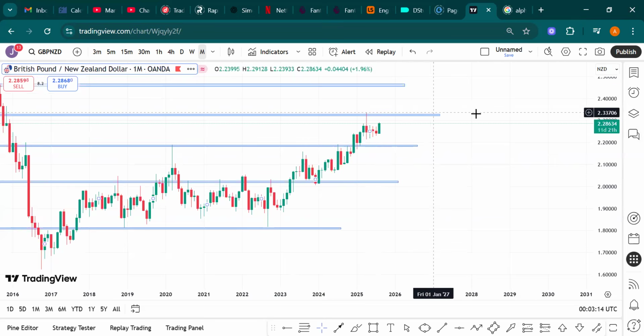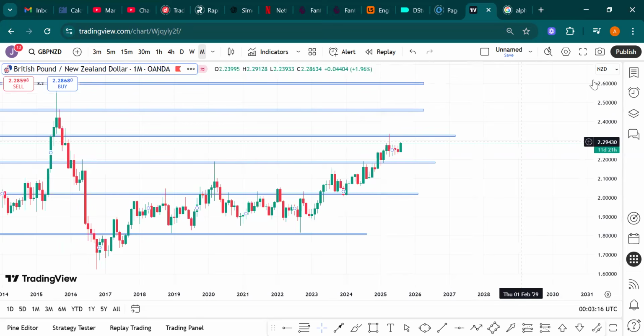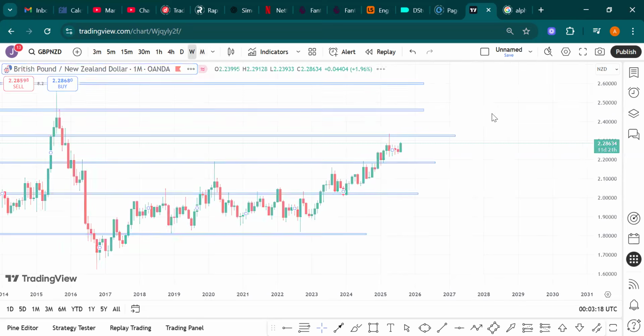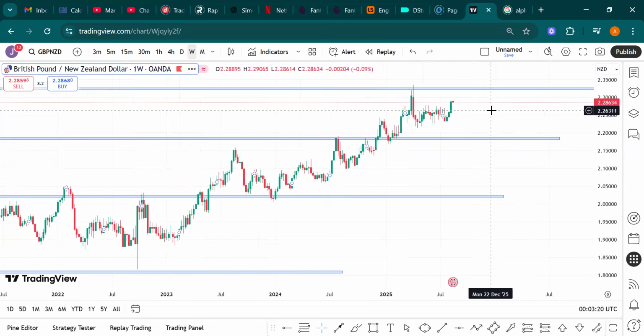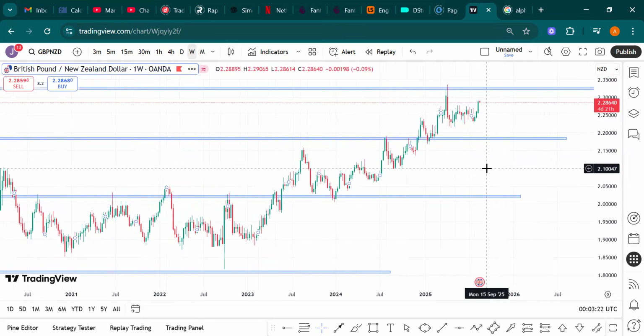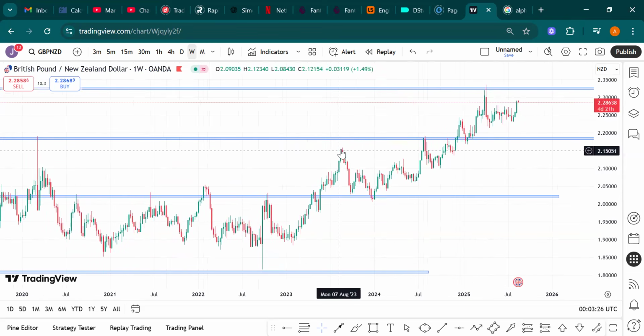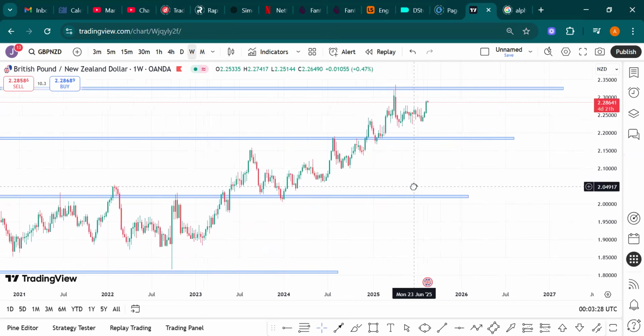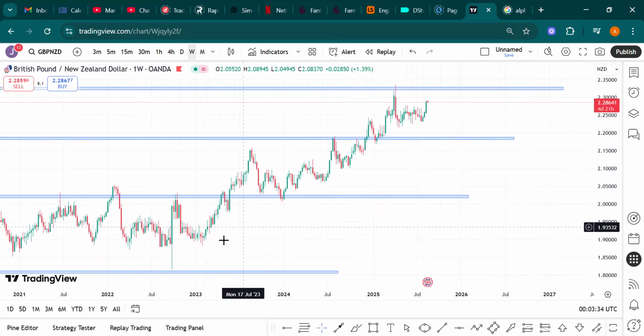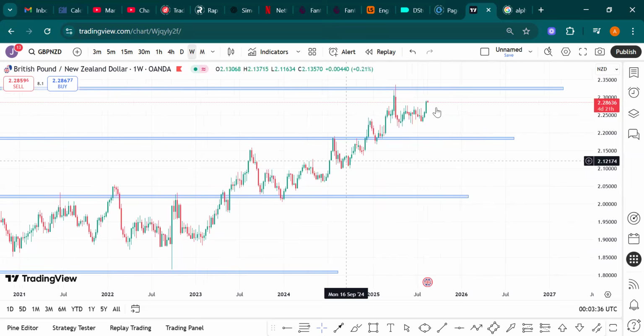To get more information concerning this directional bias, we could go to the weekly time frame. Now, on the weekly time frame, we can see that the structure of the market becomes much clearer. How do I mean? The closely packed candlesticks on the monthly time frame are now expanded on the weekly time frame.